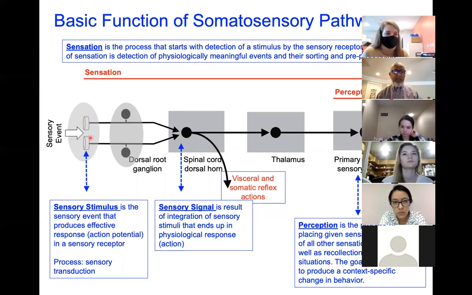Now this sensory stimulus is received by these nerve endings, or the receptors, and they produce a local potential. I will talk about that a little bit later. If it reaches its threshold of excitation, then this will produce an action potential in this nerve. This action potential will be carried to the spinal cord as a sensory signal.